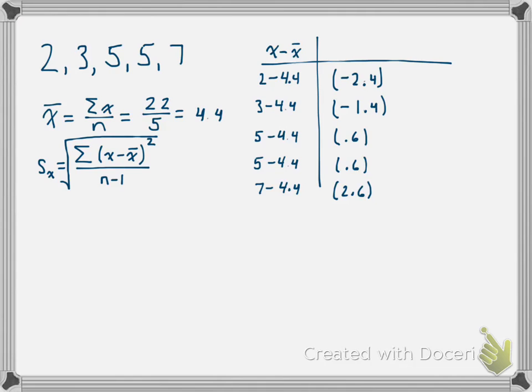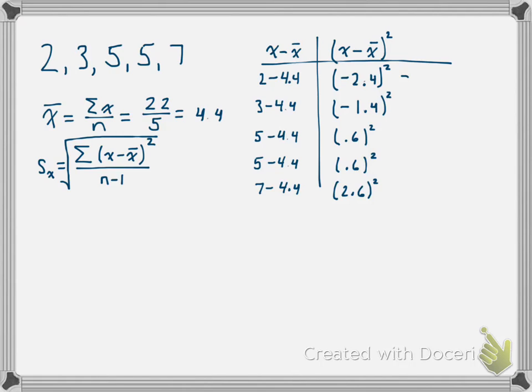Now, this next column is going to be our x minus x bar squared. So we're going to go ahead and square each one of these values. And this is the step that's going to eliminate all those negative values, because when we square the negatives they'll become positive, and we'll be able to add up the distances that each value is from the mean.